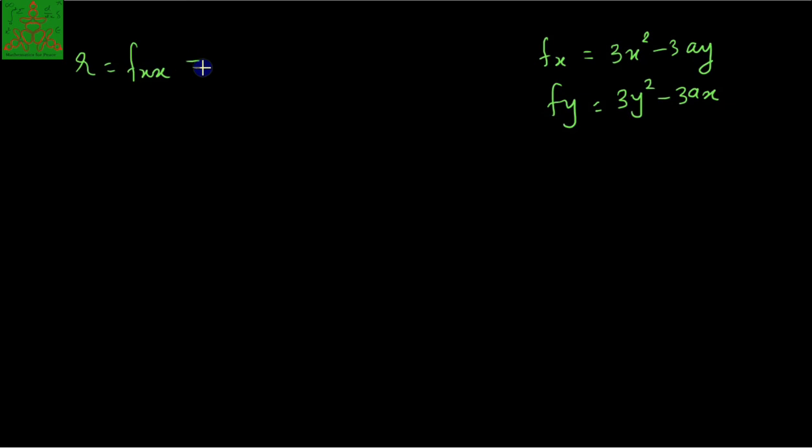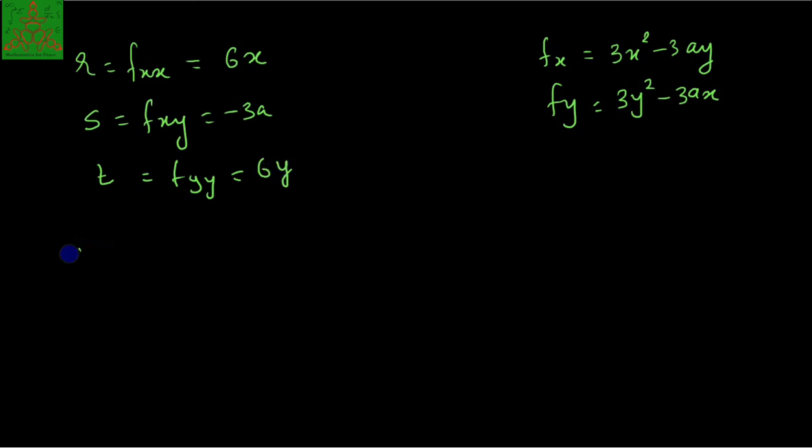So fxx is 6x, fxy will be minus 3a, and t, which is fyy, will be 6y, and you have to calculate what s squared minus rt is at the point (0, 0). So this fx at (0, 0) will be 0.